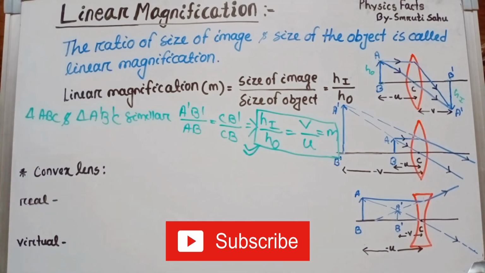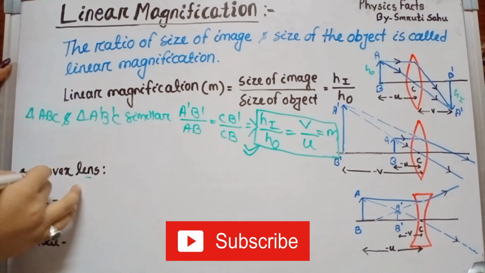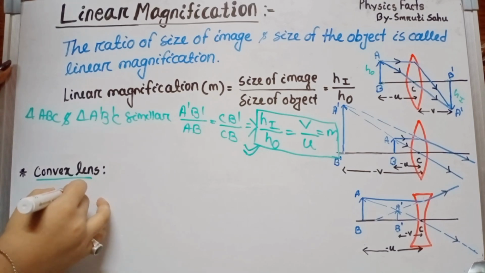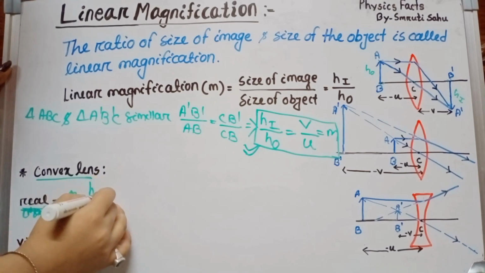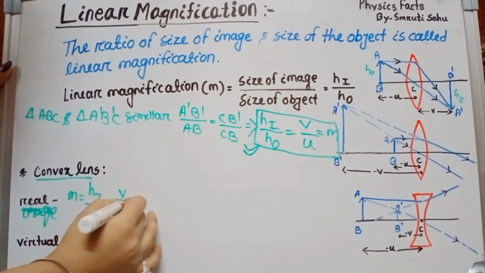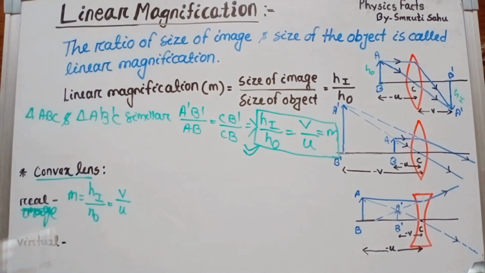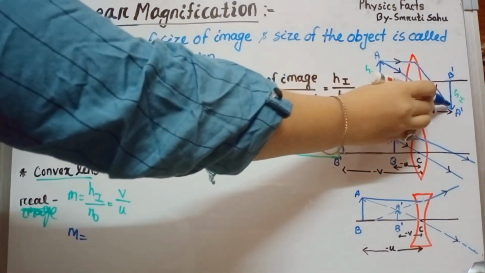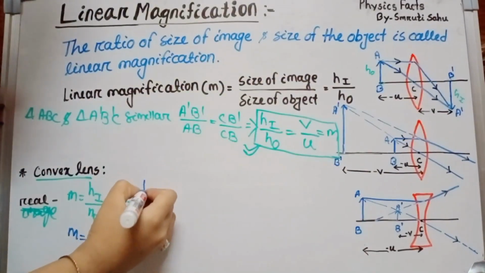Now we discuss different cases. For a convex lens, if we get a real image, what is the magnification? For a convex lens, if we get a virtual image, what is the magnification? In case of a convex lens, when we get a real image, we know that m equals HI by HO equals v by u. Now the sign convention. HI is below the principal axis, so its sign is negative.